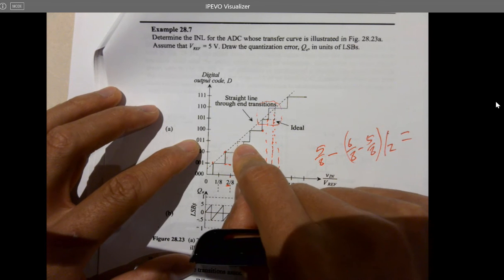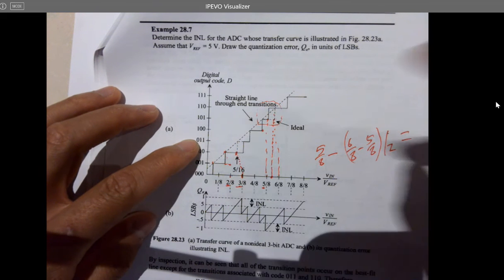Should that be positive or negative? Positive, because it's higher, right? See this point? This point is higher than this point, and you are just calculating the difference, the gap between these 2 points. That will be positive.